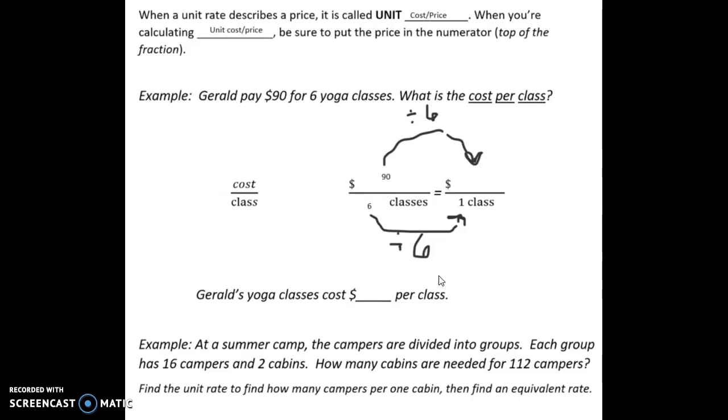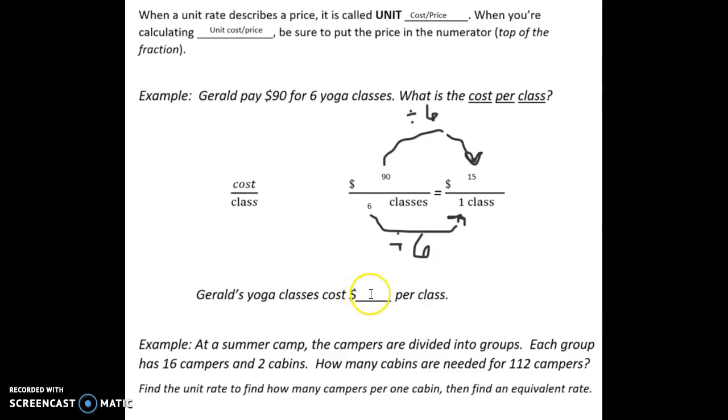Well, 90 divided by 6, 6 goes into 9 one time. 9 minus 6 is 3. Bring down your 0. So 6 goes into 30 5 times. So it will cost you $15 per 1 class. That is our unit rate.